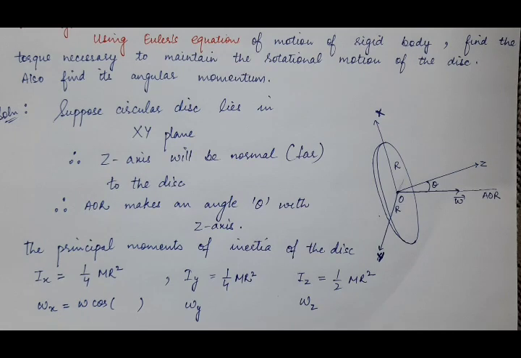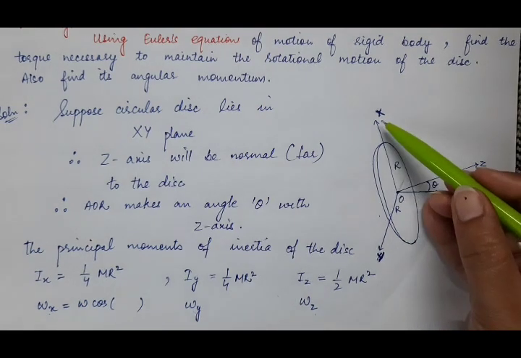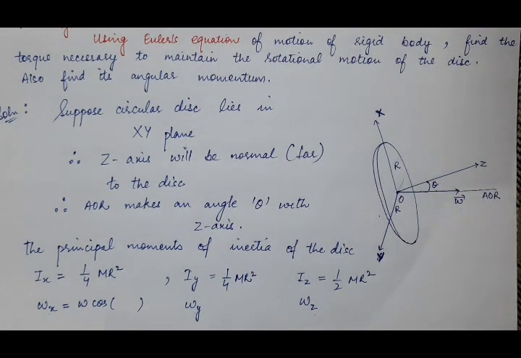Accordingly, omega x and omega y will interchange and there will be no effect on this numerical, because the solution will work out accordingly. So if this is y, this is x, then according to your book, this is omega x, the x component of the omega vector.